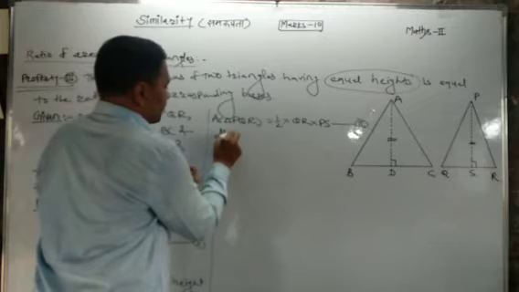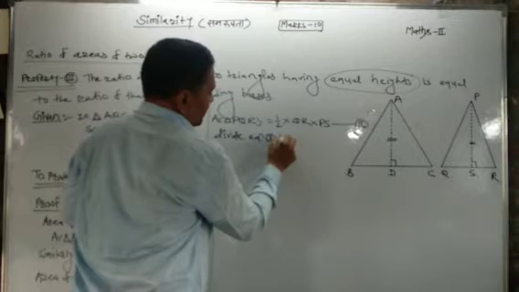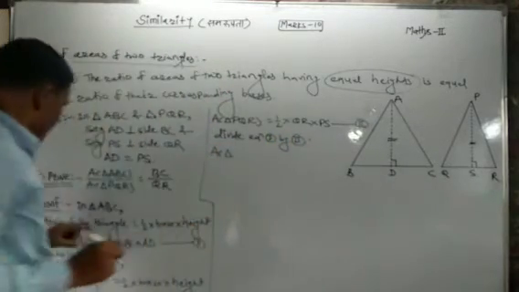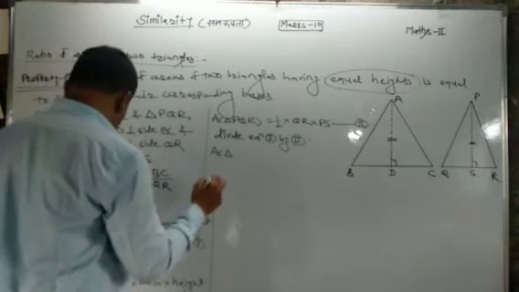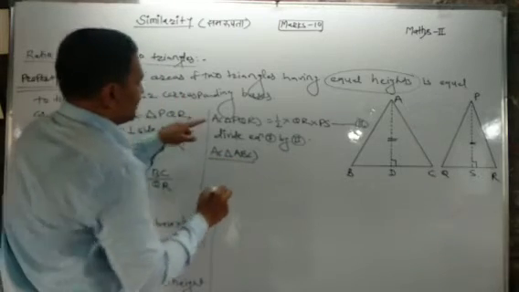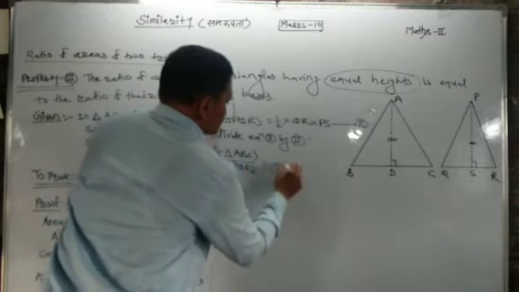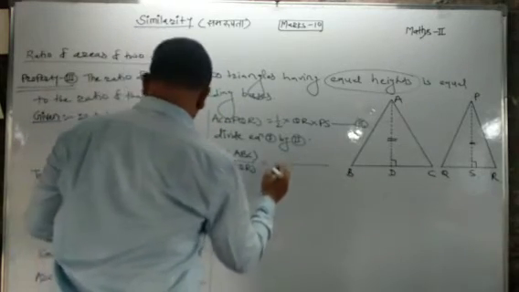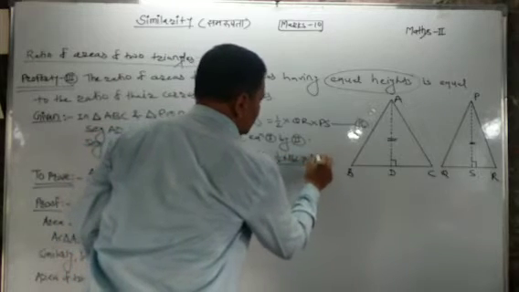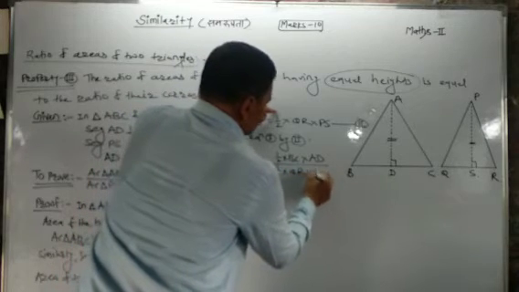We want to find the ratio of two triangles. Divide equation first by second. We get area of triangle ABC divided by area of triangle PQR equal to 1 by 2 into BC into AD divided by 1 by 2 into QR into PS.